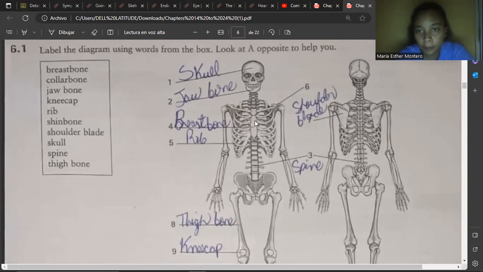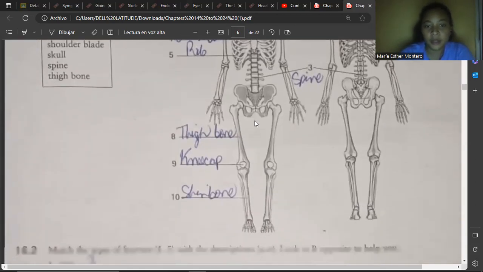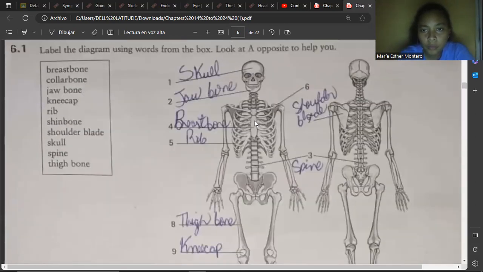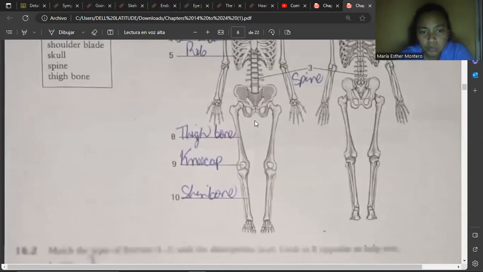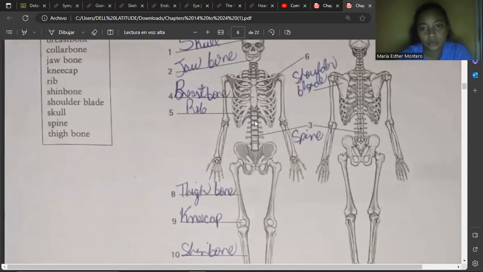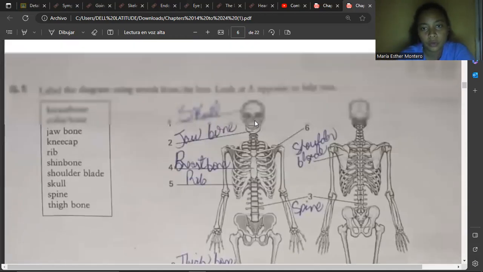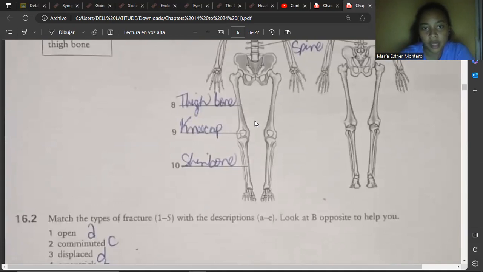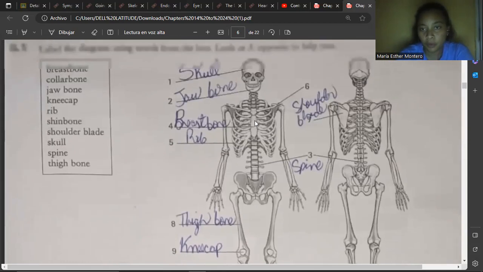Shoulder blade. 7. 8. Thigh bone. 9. Kneecap. 10. Shin bone.